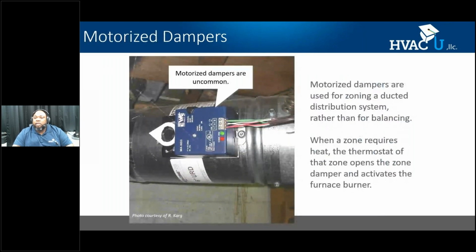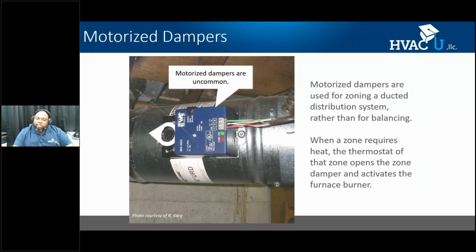All right. Some situations are calling for motorized dampers, or some people call this a zoning feature. A zoning feature is where I set up a separate control and I use motorized dampers to redistribute the air to create a second zone. This is a solution that's often used to solve maybe a second floor that's not producing enough heating or cooling.